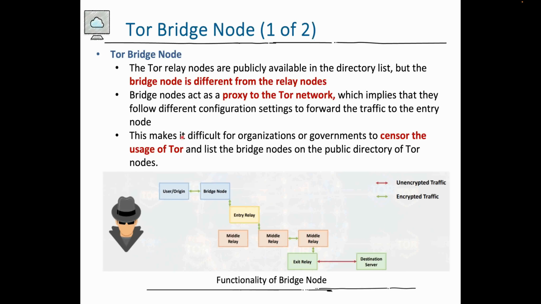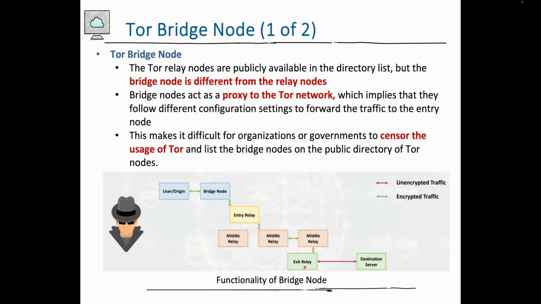When it comes to this part, the bridge nodes act as the initial connection point to the Tor network. Basically, it is similar to the entry guards, but with a distinct configuration that makes them less detectable. When a user connects to a bridge node, which I'm going to show you in the next slide, this node forwards the encrypted traffic to the rest of the Tor network, typically through other relays, until it reaches the exit node right here.